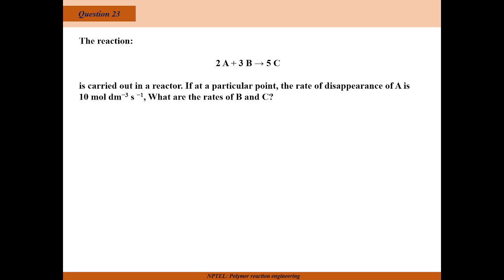The rate of disappearance of A is given. Now we need to know the rate of disappearance of B and the rate of appearance of C. This is the question: 2A plus 3B gives us 5C.